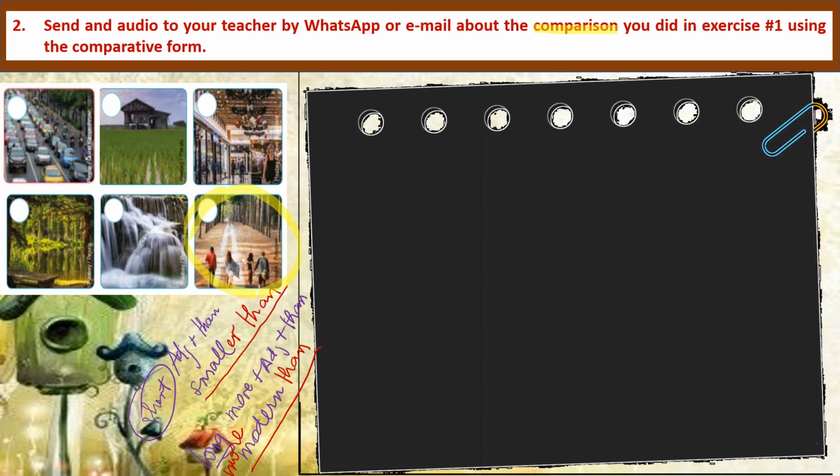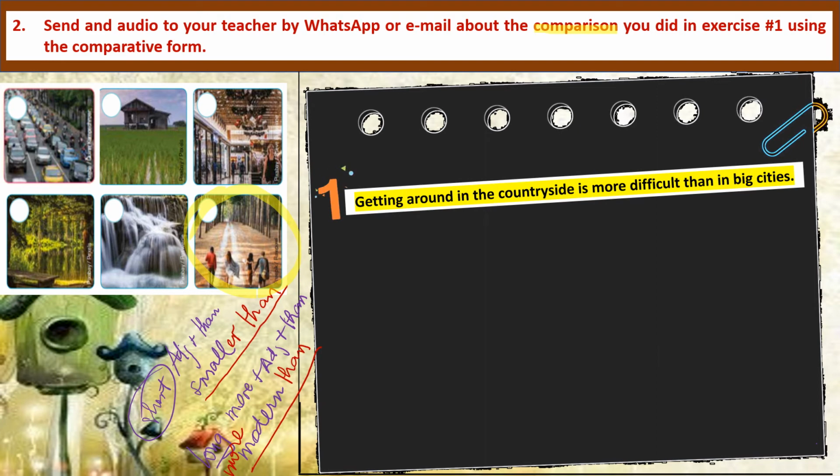Okay, let's see. Number 1. Getting around in the countryside is more difficult than in big cities. Perfect. Over here, I'm saying that the adjective is difficult, right? Difficult. We have 3 syllables. So this is a long adjective.